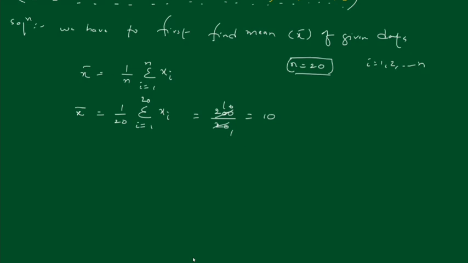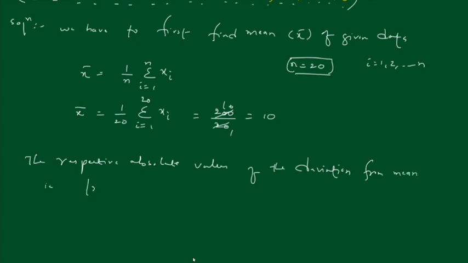Simultaneously, we have to find the respective absolute values of the deviation from the mean, that is nothing but mod xi minus x bar.